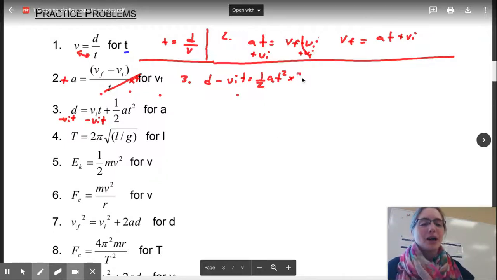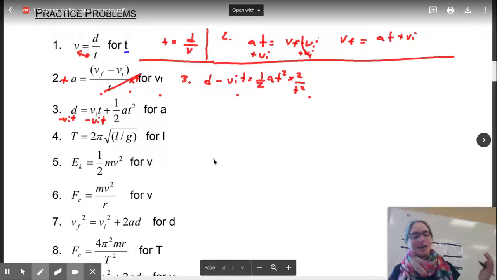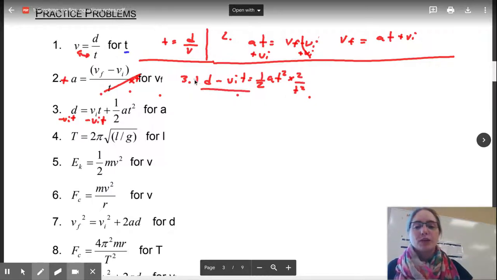I like to multiply by 2 because dividing by a half looks weird on a page to me, but truly, I don't care which one you do. Divide by half, multiply by 2, whatever. Same thing. So I'm going to multiply by 2 and divide by t squared.